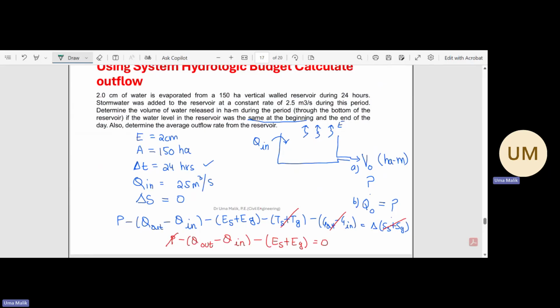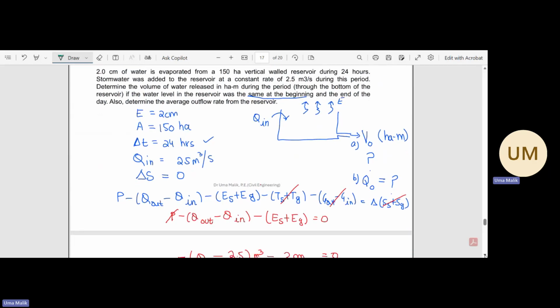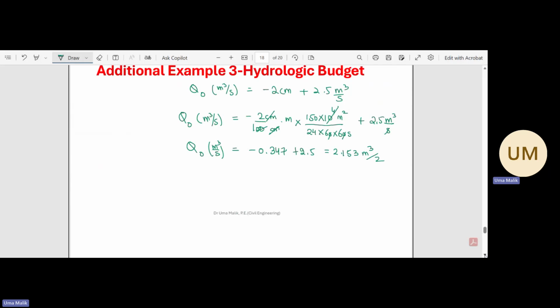Now, the water level in the reservoir was the same, but we had to calculate the volume of water released in hectare meter. So V out in hectare meter.